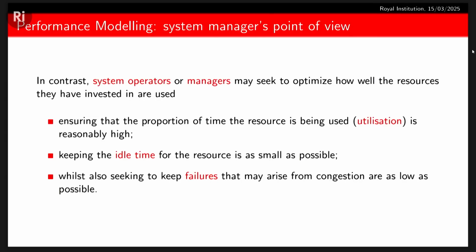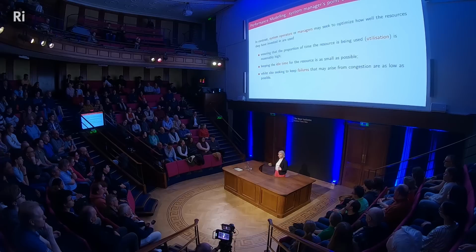And equally, you don't want the system to be too heavily loaded. If we think again about the railway tracks, if they're heavily loaded, they're much more likely to be damaged. Okay, so we're usually not seeking 100% utilization because that makes very fragile systems. So we're looking for some kind of balance that keeps the utilization cost effective, but doesn't mean that we have a fragile system.